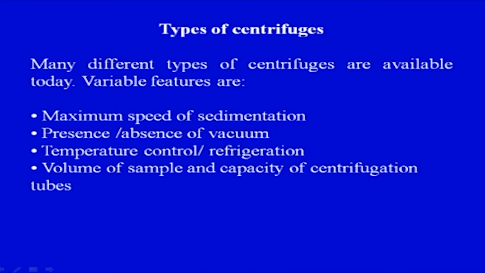Then another important factor is how much volume of sample could be taken by a particular rotor type. That means, what is the sample capacity, or the volume of sample, and the capacity of centrifugation tubes. For example, if you can put 5 tubes, what is the volume which could be kept in there, and we will be discussing these aspects as we go along.